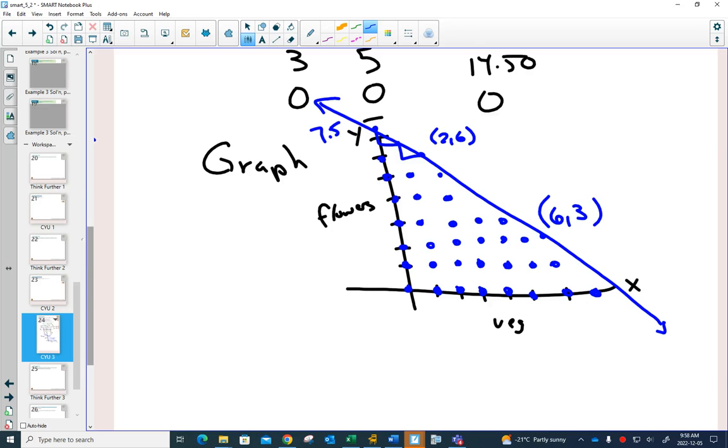You could buy this point right here, that's (1, 1). You could buy one package of vegetable seeds, one package of flower seeds, and you'd still spend less than $15. That's part of the solution. You cannot buy a point up here, (7, 5). You can't buy that because then you would spend too much money.